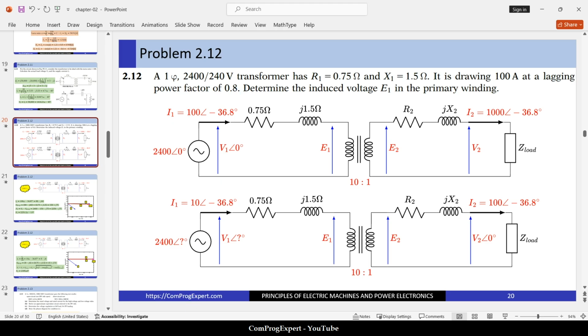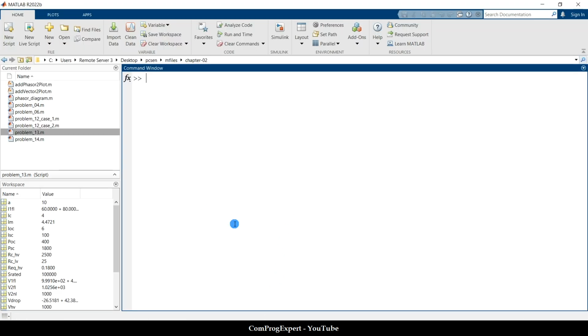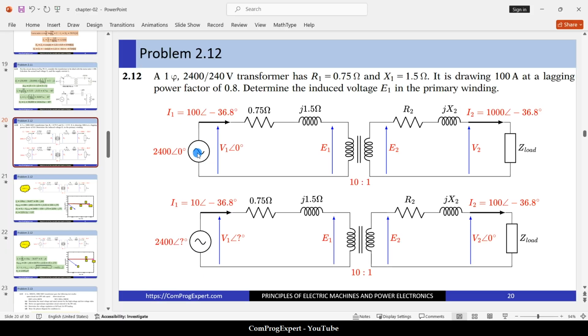So you know the angle, when the value of the power factor is 0.8, we can write this to find the angle. This is the angle between the current and the voltage. So here we have also the value of the current for the secondary winding. We know this transformation and we can calculate this current.